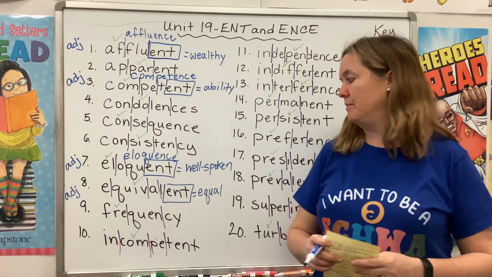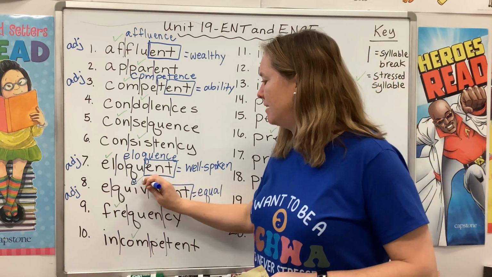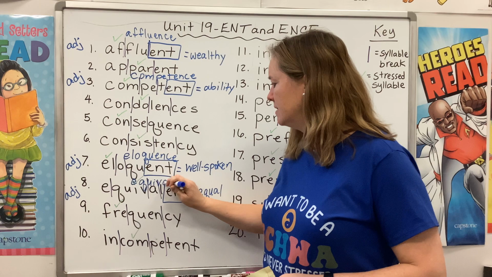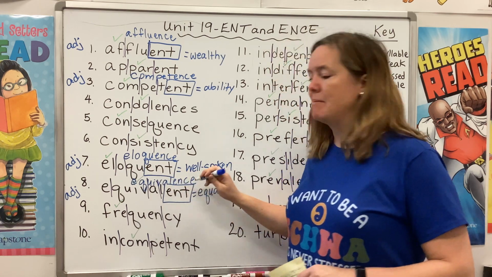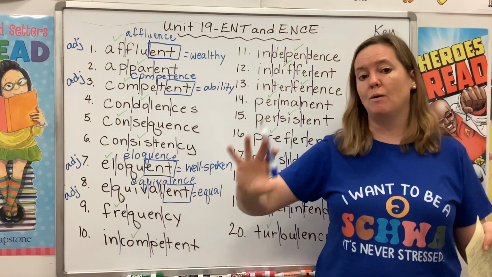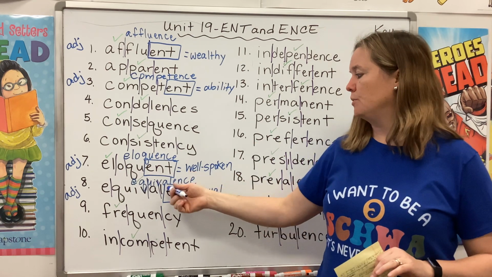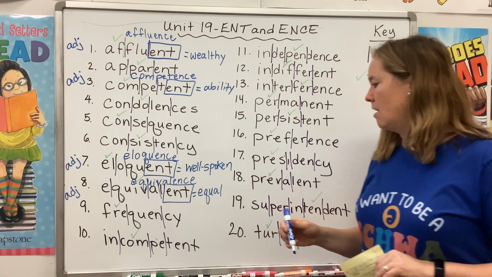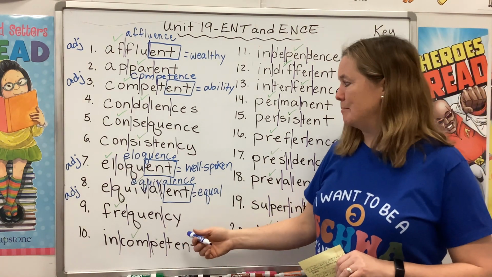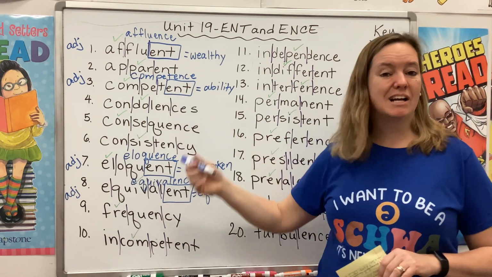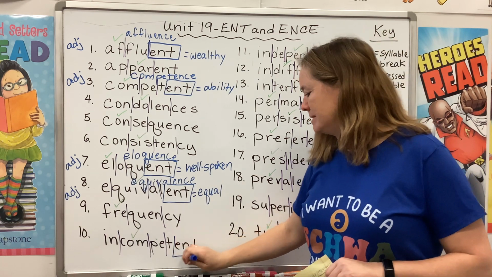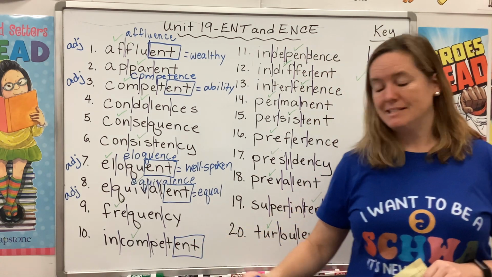Those are equivalent, right? And sometimes you have to prove their equivalence. Maybe you have to draw a picture to show that 1/2 is the same as 2/4, right? So you show their equivalence. Incompetent, well, we talked about competent. Incompetent is the opposite of that, right?